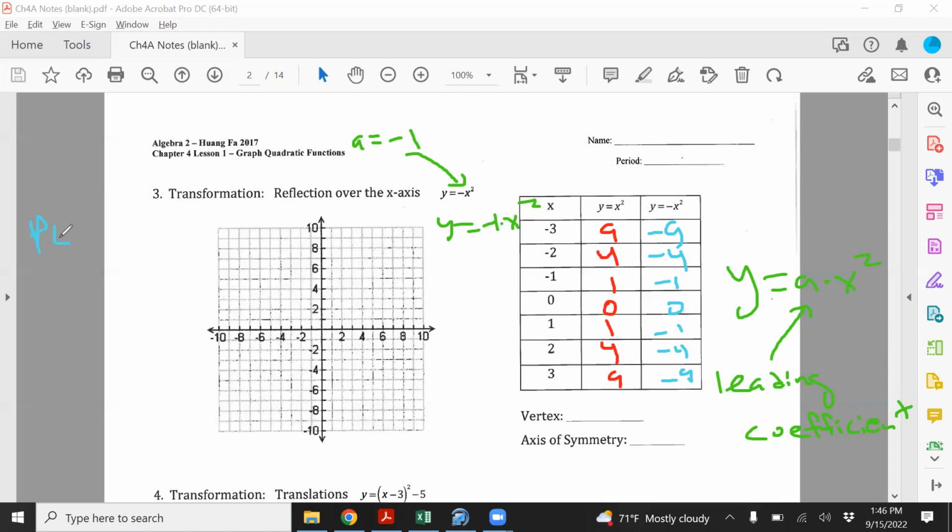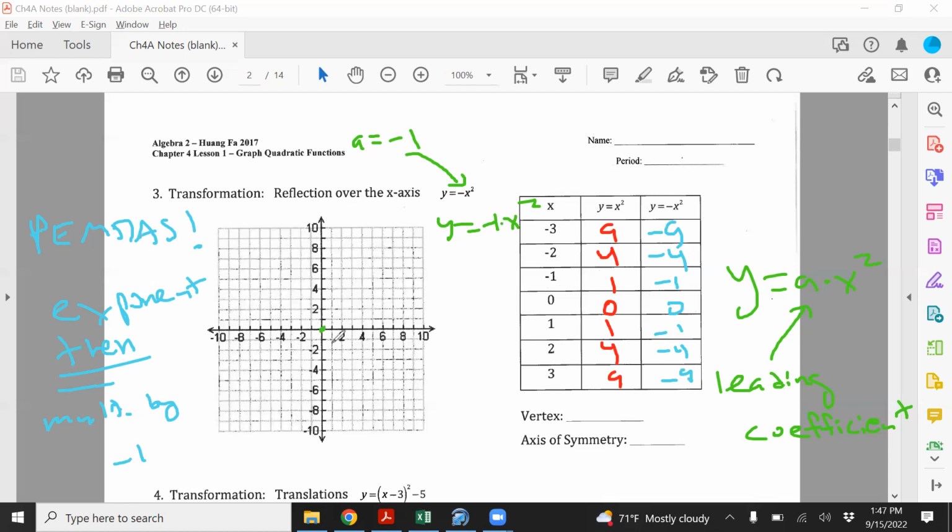So PEMDAS, guys. Exponent, then multiplied by -1. So in this case, I have 0, 0. We'll change colors.